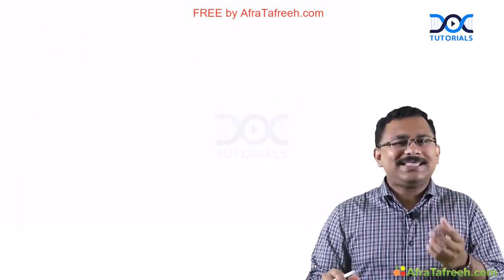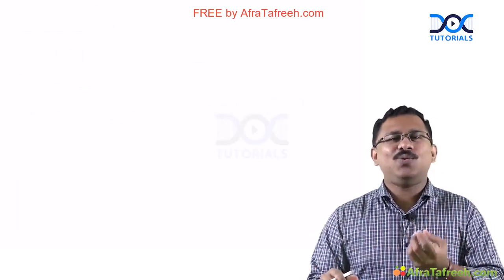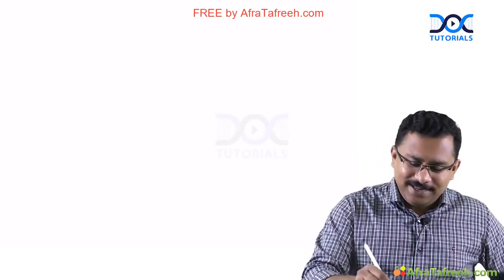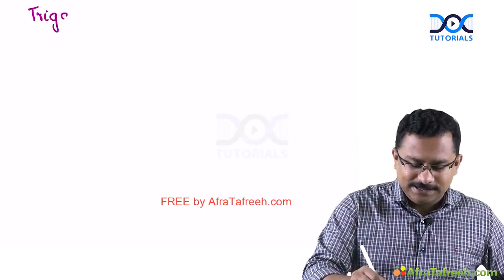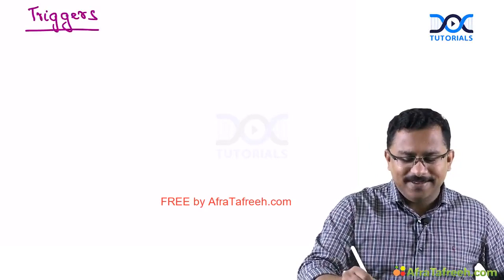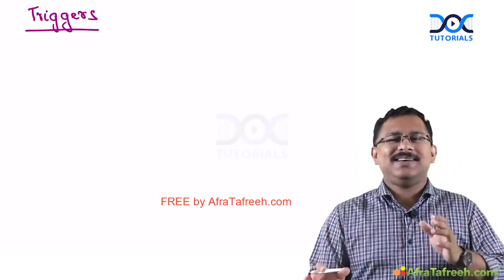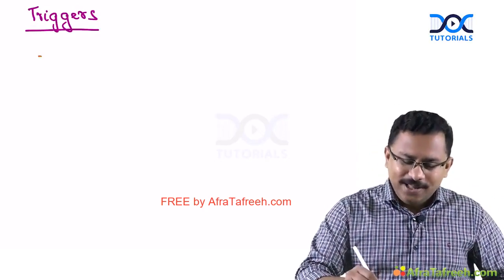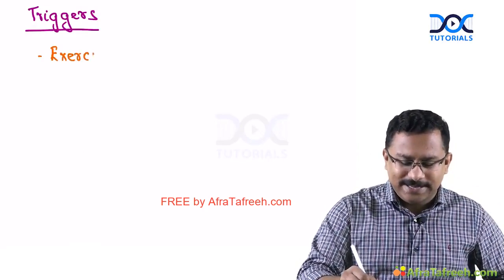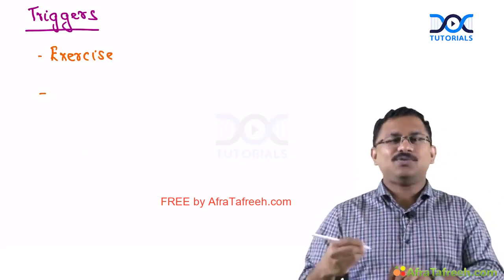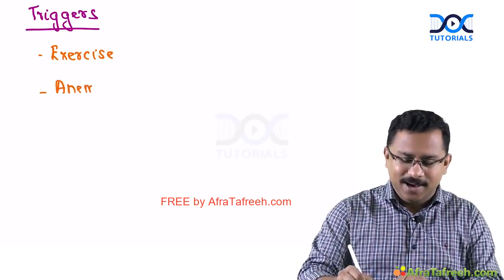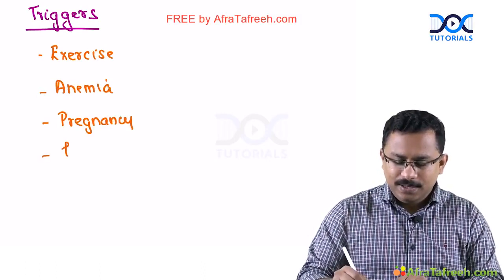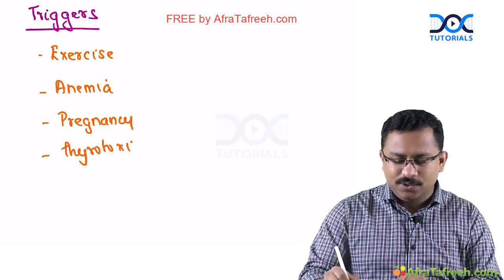Okay, now there are certain triggers which can lead on to, say, a decompensation of a mitral stenosis. You've got to understand the triggers, because often in a patient who is having a compensated mitral stenosis, it is the triggers that actually lead on to worsening of the condition. So what are the common triggers? One is exercise. Okay, so the demand is more with exercise. You can have anemia, you can have pregnancy, you can have conditions like thyrotoxicosis.